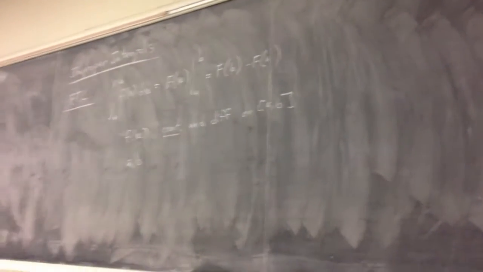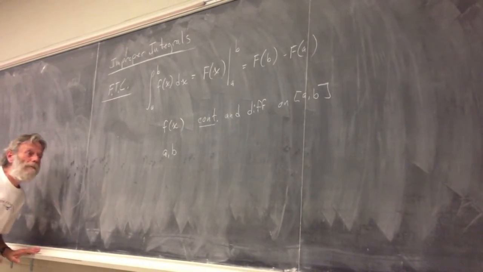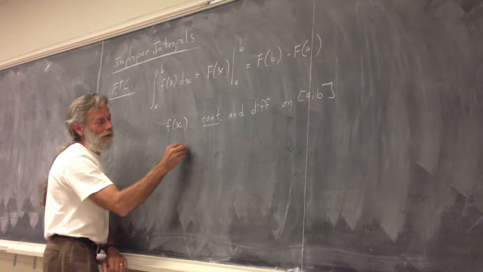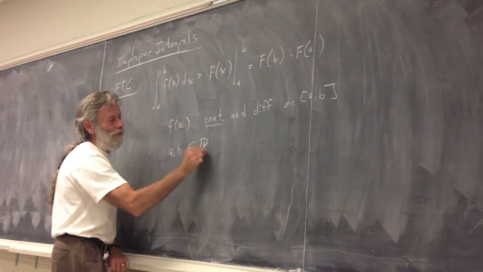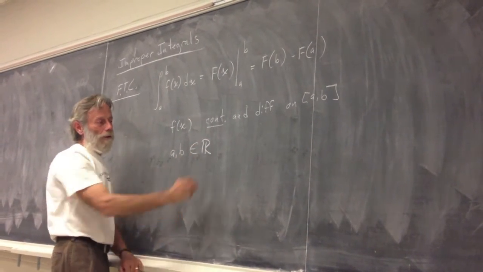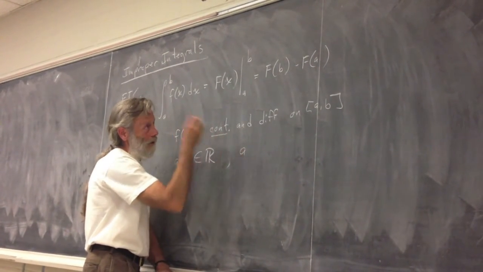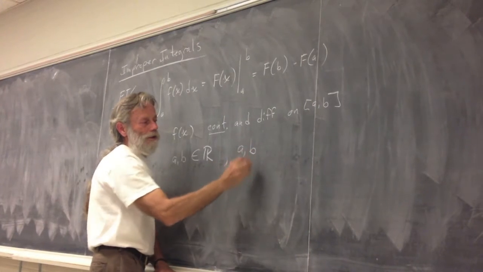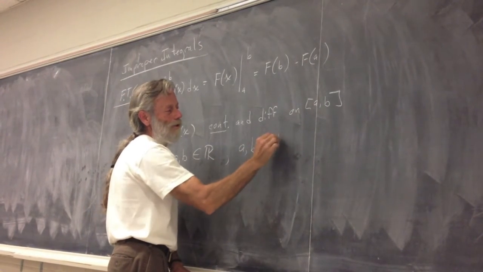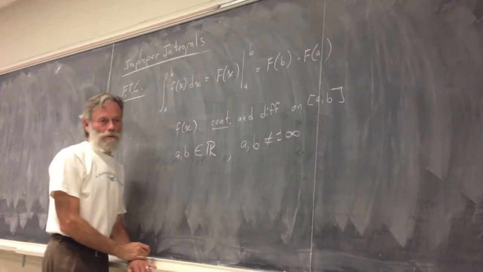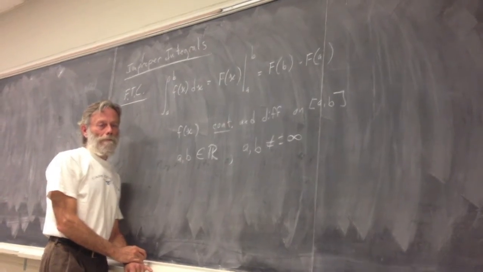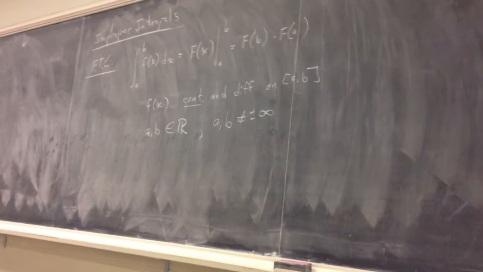What's therefore true about a and b? They'd be real numbers, an element of the real numbers. A clearer way for some folks is that these are not plus or minus infinity. They have to be actual numbers.